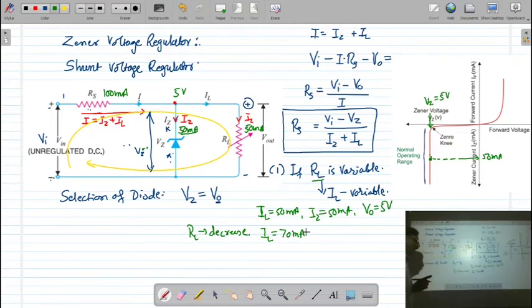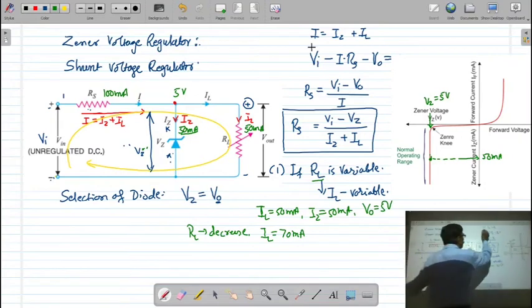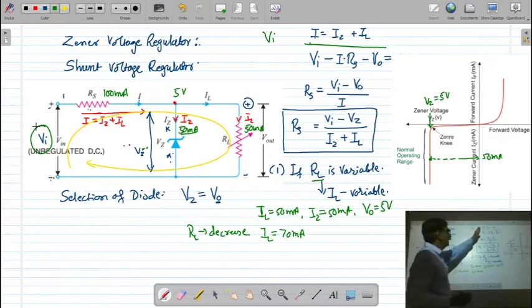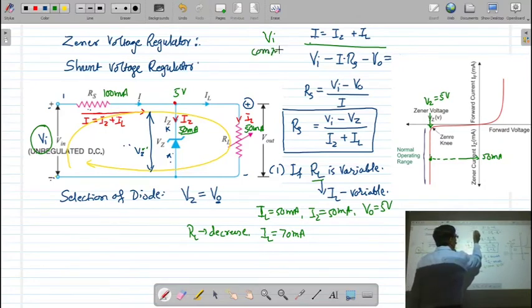Now remember, in the expression I is equal to Iz plus IL, the current I depends on Vi. My Vi is constant, so the current I will also be constant.